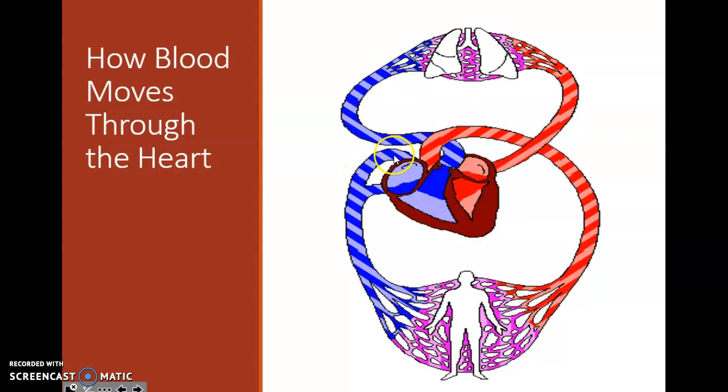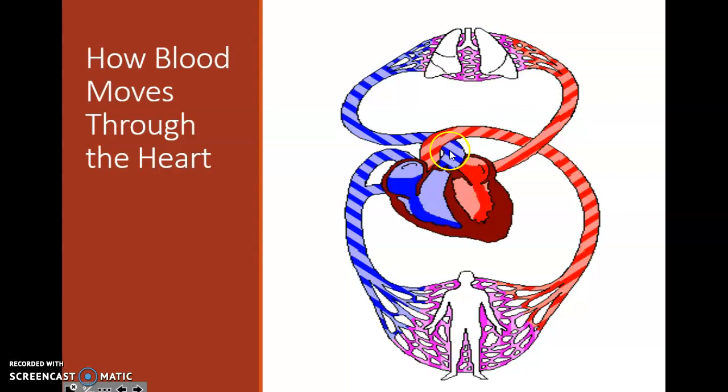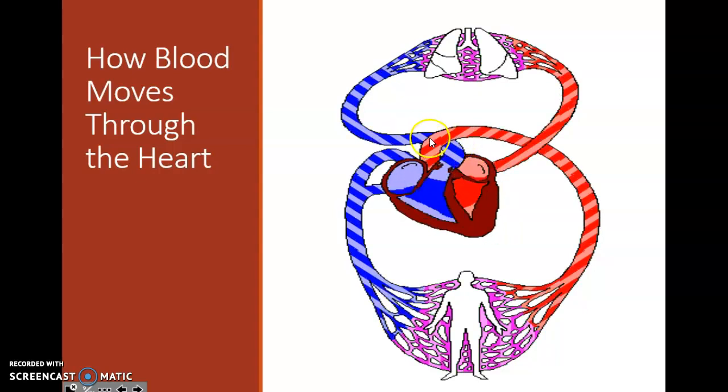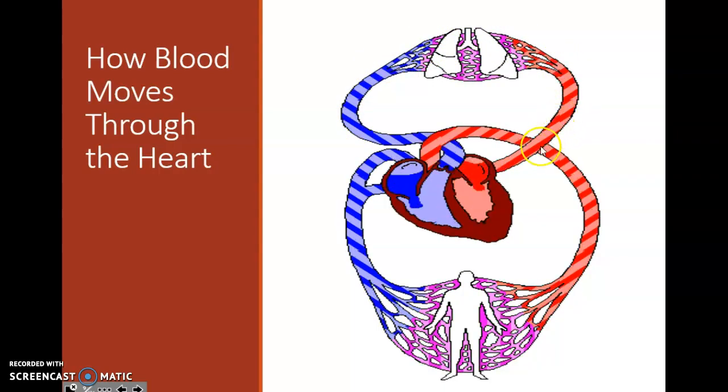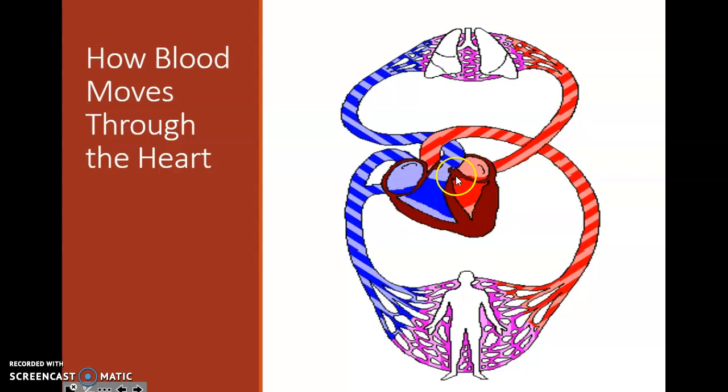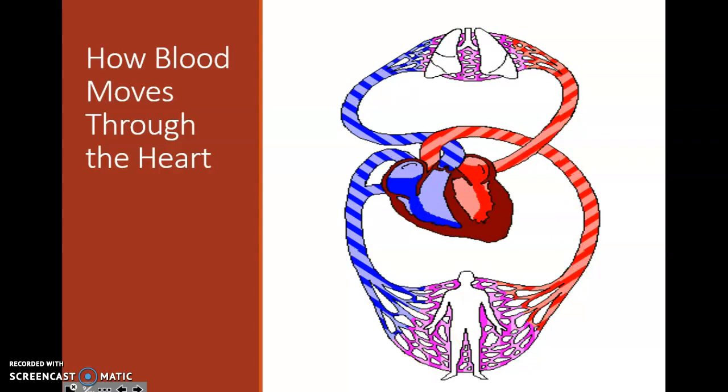It comes in to the right atrium through a valve to the right ventricle, through a valve through the pulmonary arteries to the lungs, where it drops off its CO2 and picks up oxygen, and then it comes back through the pulmonary vein into the left atrium through a valve to the left ventricle through a valve to the aorta, and then it goes all the way through the body and drops off its oxygen and picks up the body's waste.